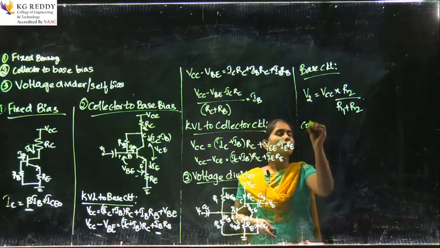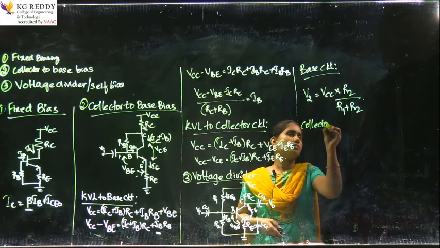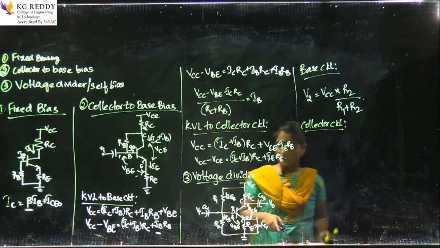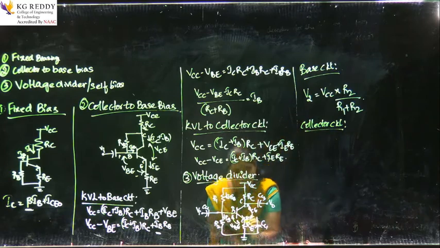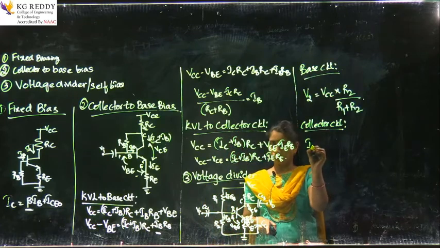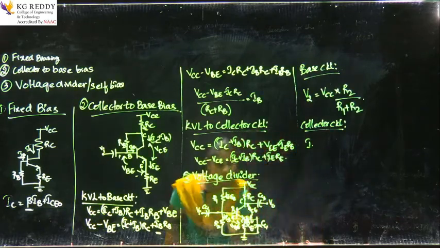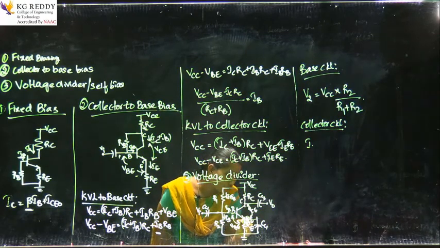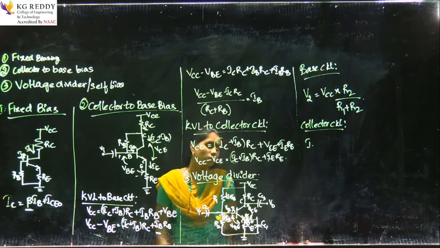Now, coming to your collector circuit. For this collector circuit, just see this IE current. We want this IE current. IE equals, now you just see here the base voltage VB is there and here VBE is there, and this one is VE. Let us assume the voltage across RE is nothing but VE.